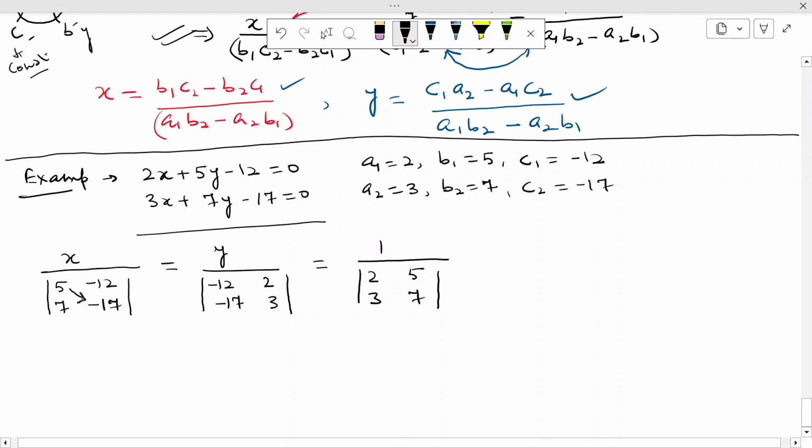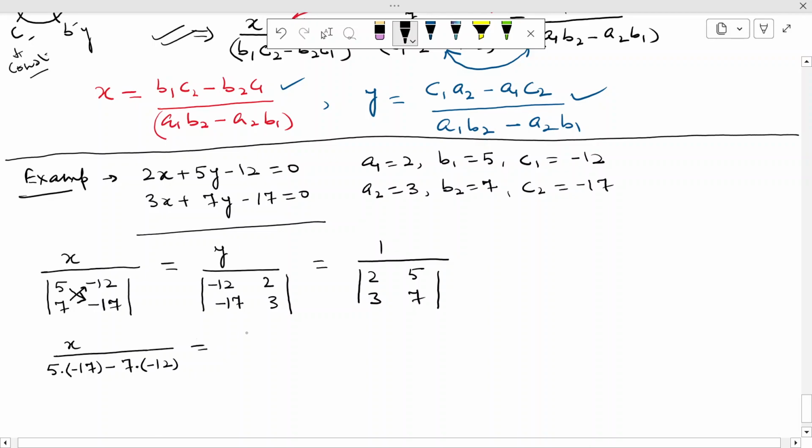इस ऑर्डर में हम लोग मल्टीप्लीकेशन करेंगे. So this will be x upon 5 into -17 minus, now what we are having? We are having 7 into minus 12.